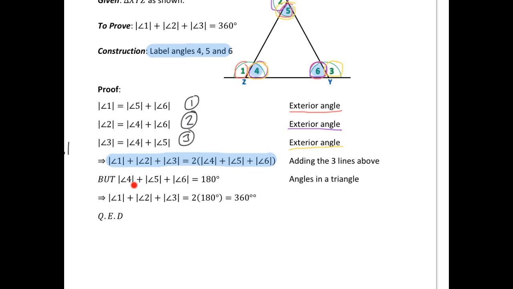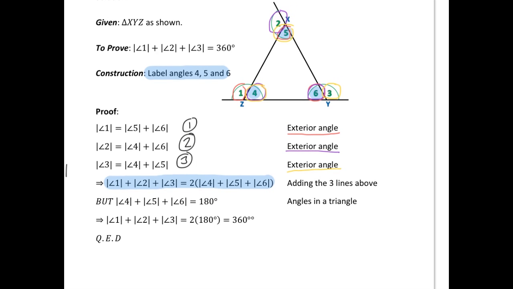But the angle 4 plus the angle 5 plus the angle 6 is equal to 180 degrees. Because if we look at our diagram again, we have a triangle XYZ, and the three angles inside a triangle must add up to 180 degrees.